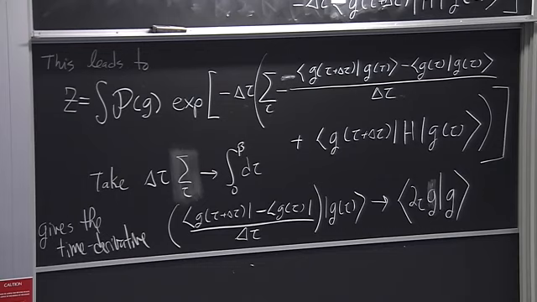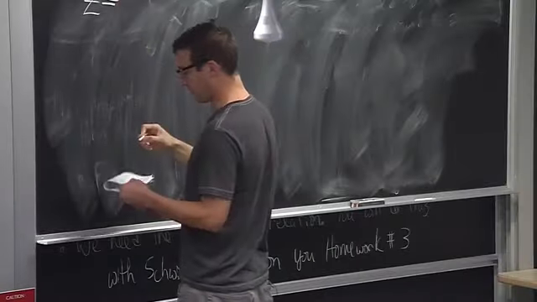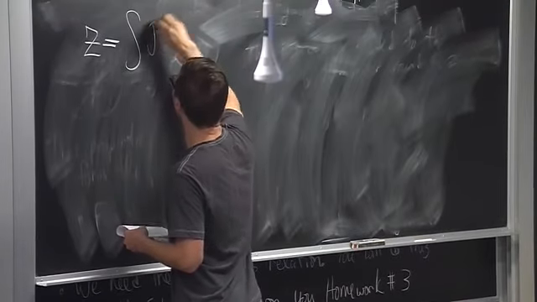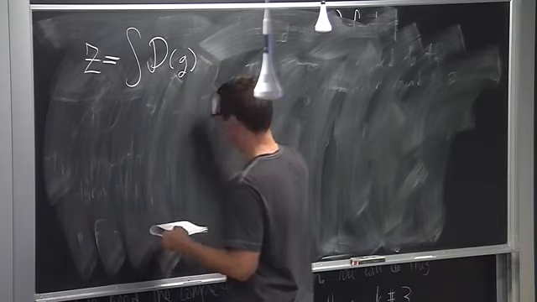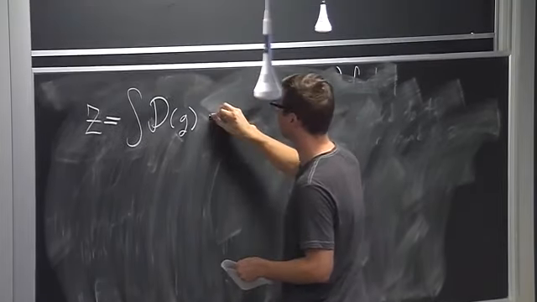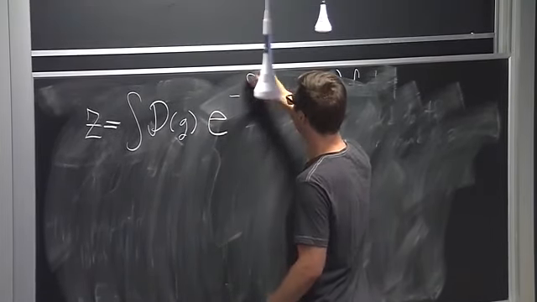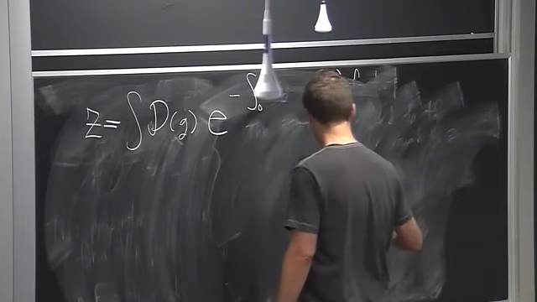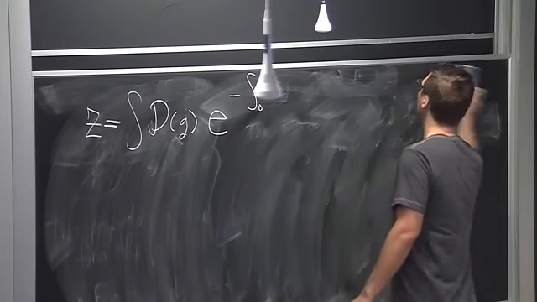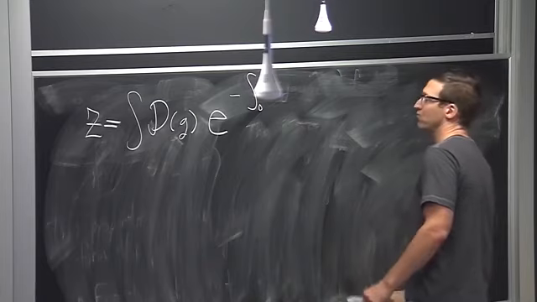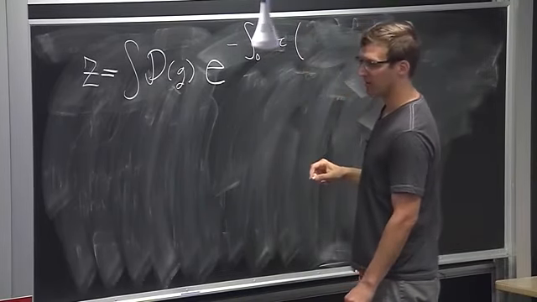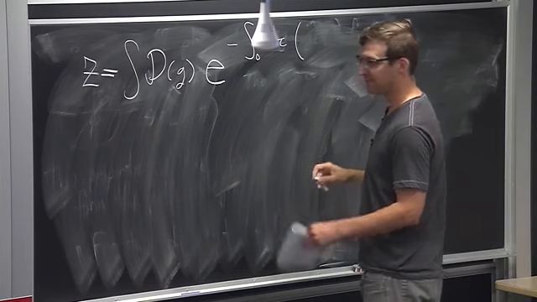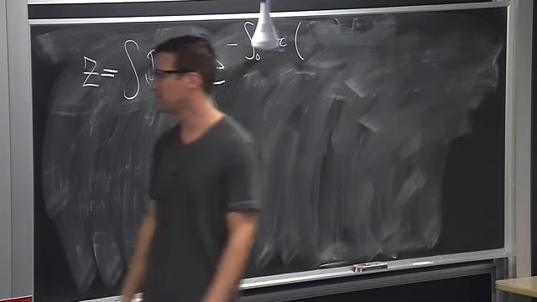So Z will be, right, the functional integral, and then minus 0 to beta. Okay, so I need this, let's see.